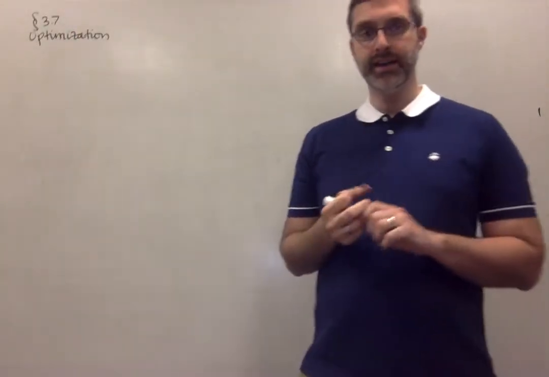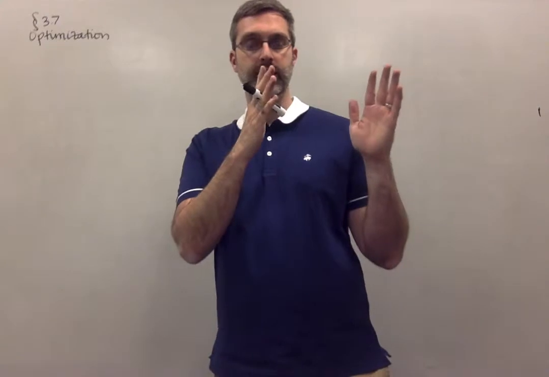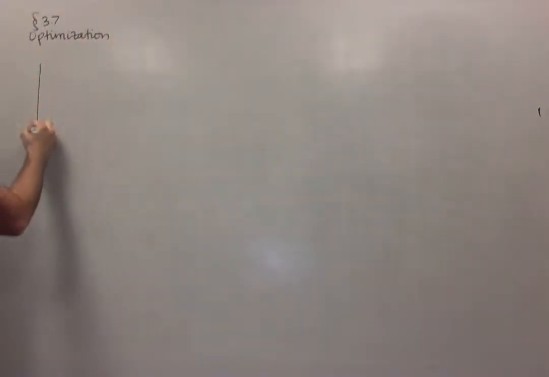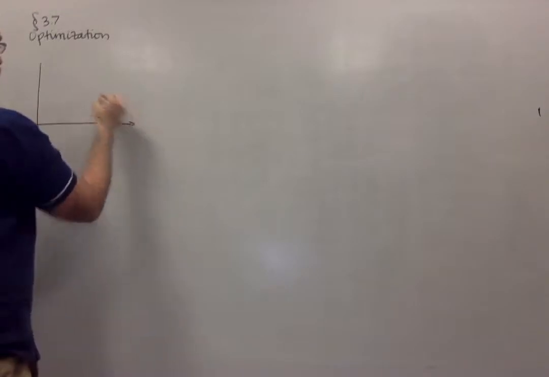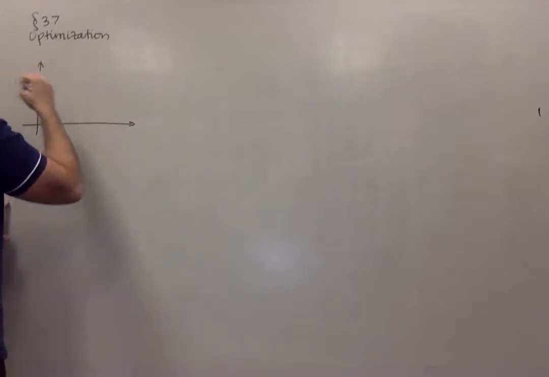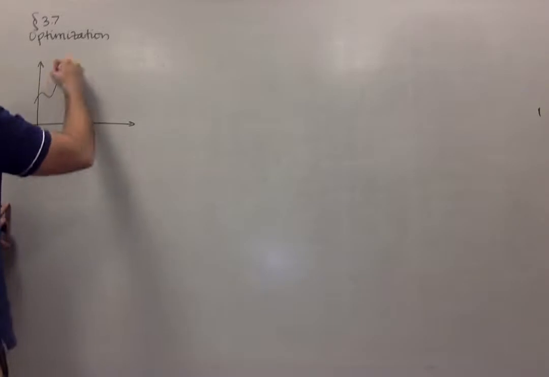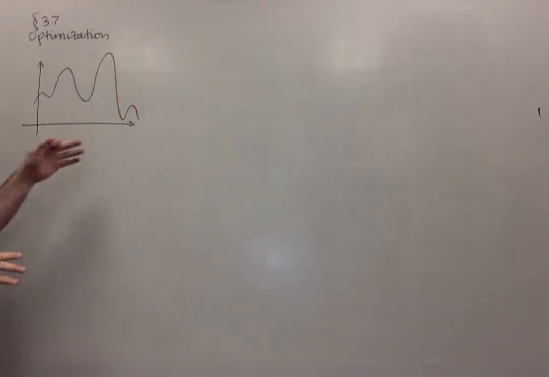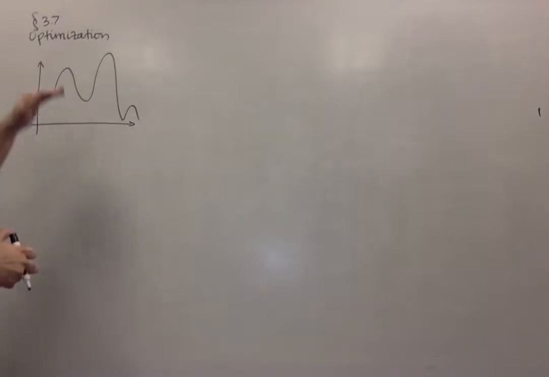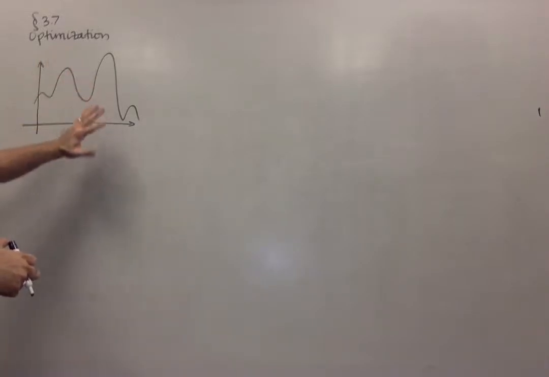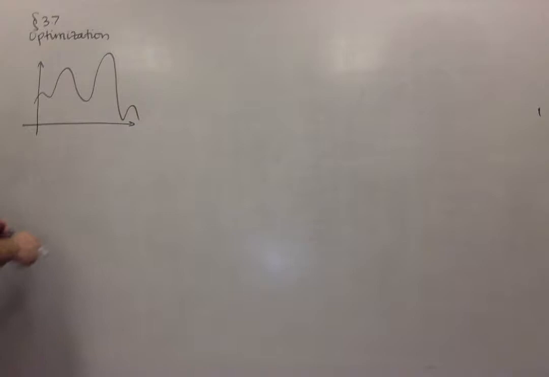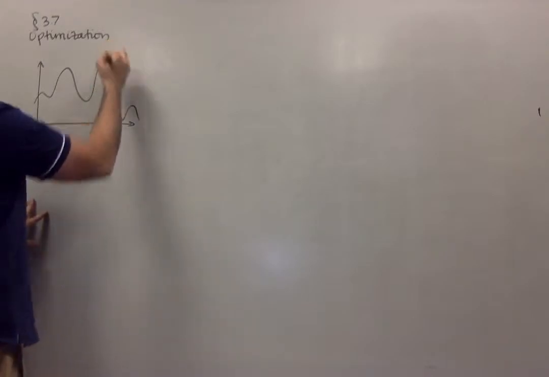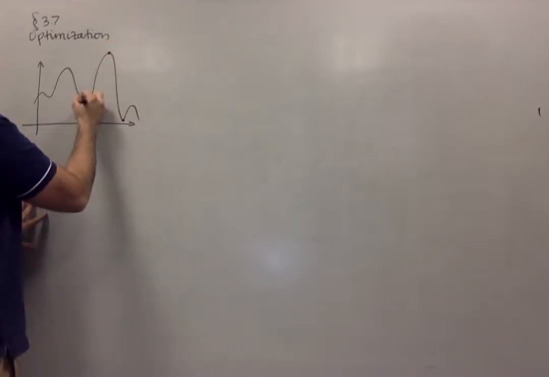The idea behind this, let's go back to the beginning of chapter 3. One of the practical ideas behind finding derivatives is if I have some sort of function that's like a real world function, like stock market or profit or cost, I'm typically looking for the highest and lowest points for some reason.